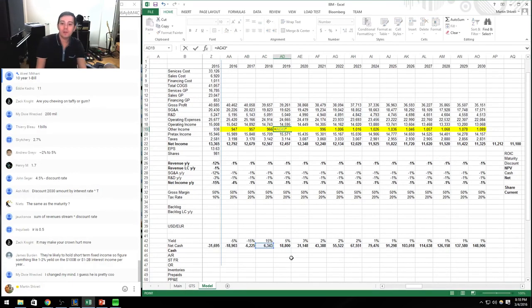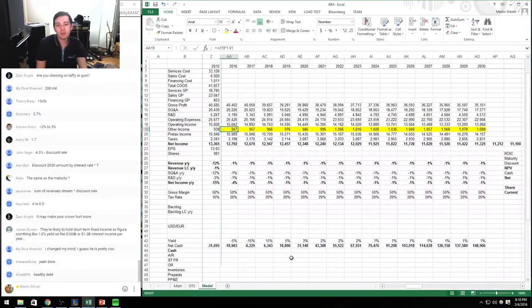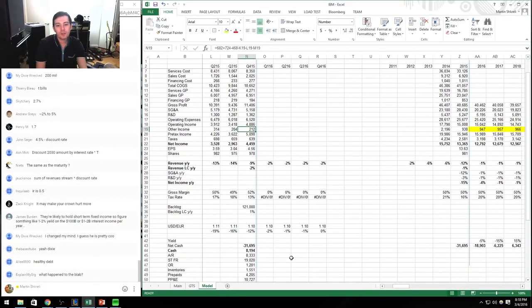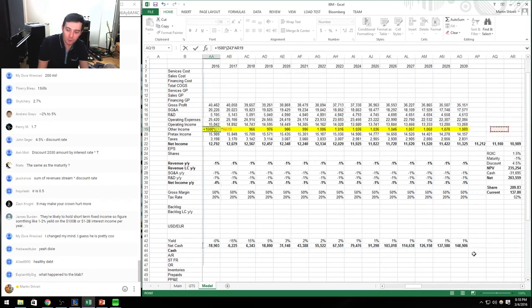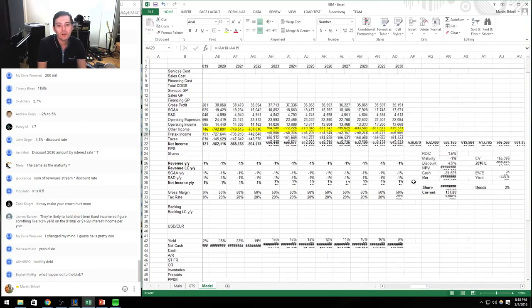We'll assume that they make 1.5% every year. If you look at their statement here, they make 1.5 billion, and then they have financing costs. So let's actually put that instead. Plus 1,500 times whatever this number is, multiplied by negative 1.5% in this case, or 1.5% when it's positive.